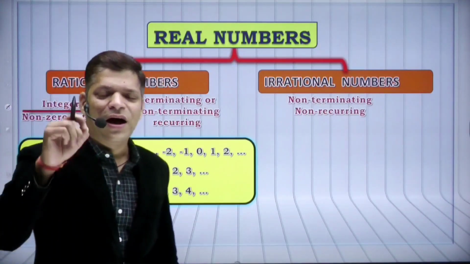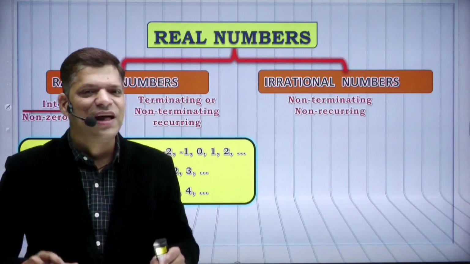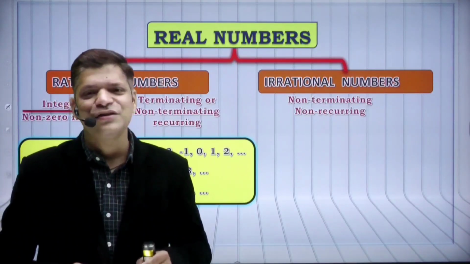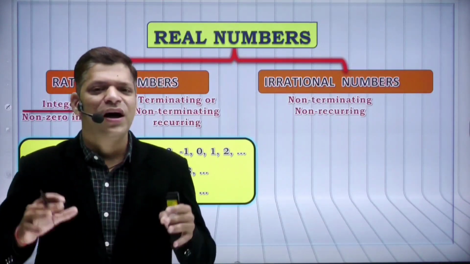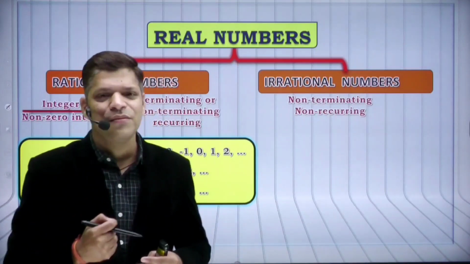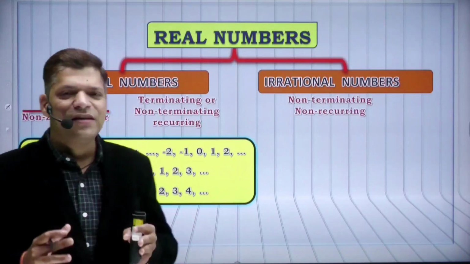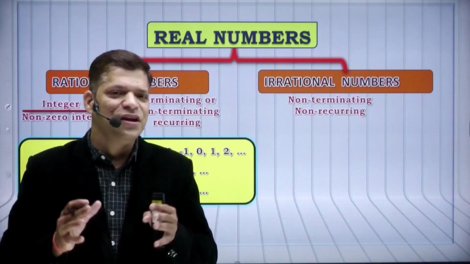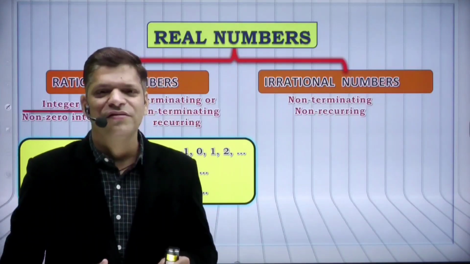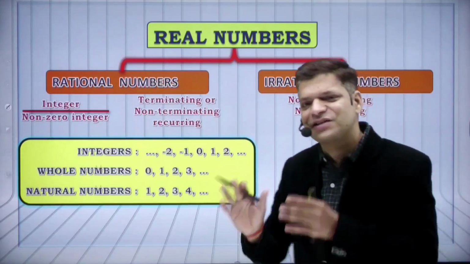So our introduction is finished. In this lecture we understood what real numbers are. Before starting chapter 1, Real Numbers, we should first know that real numbers are categorized into two types: rational numbers and irrational numbers.